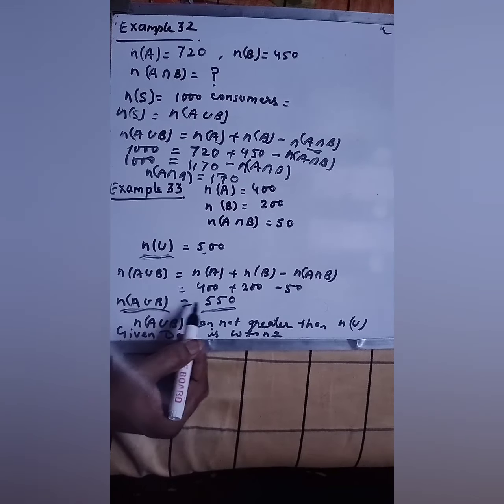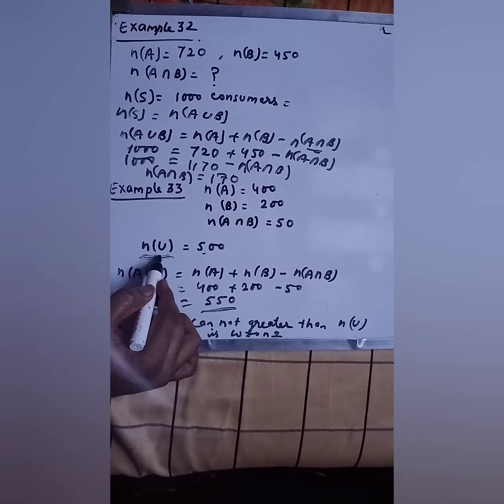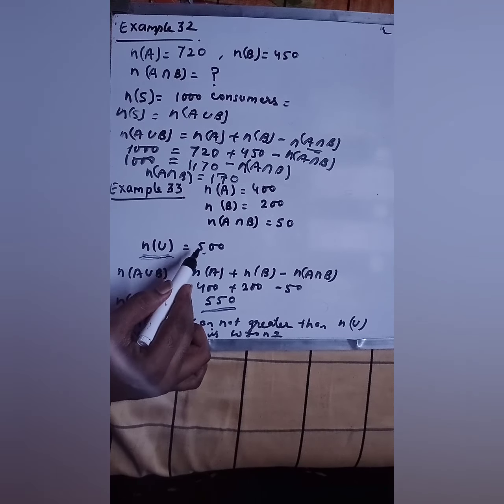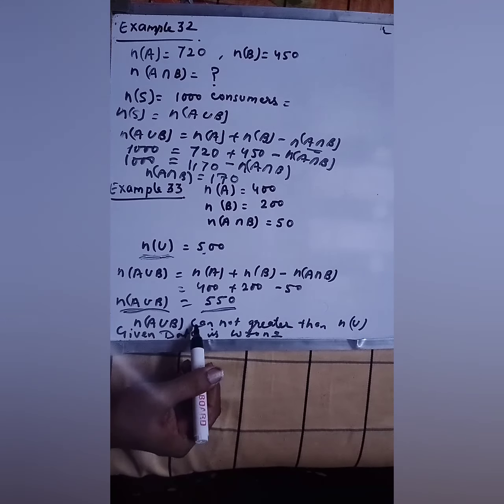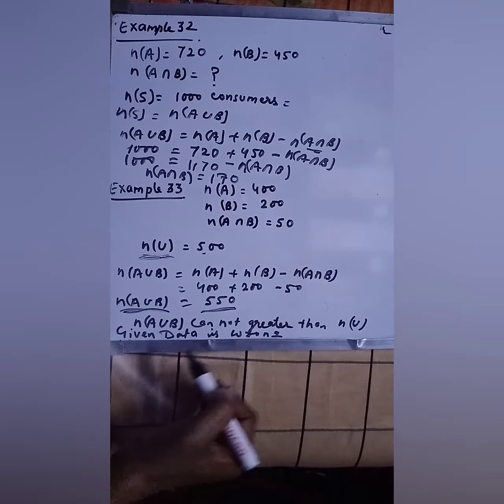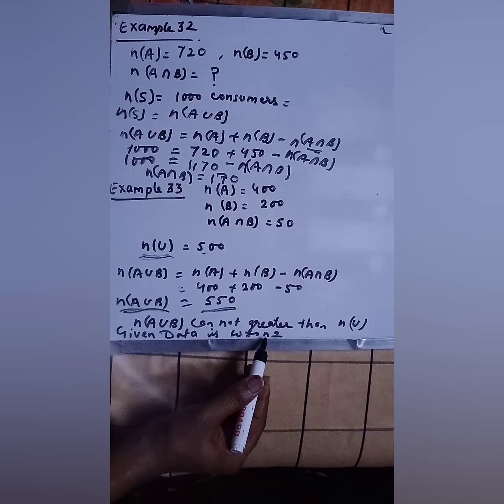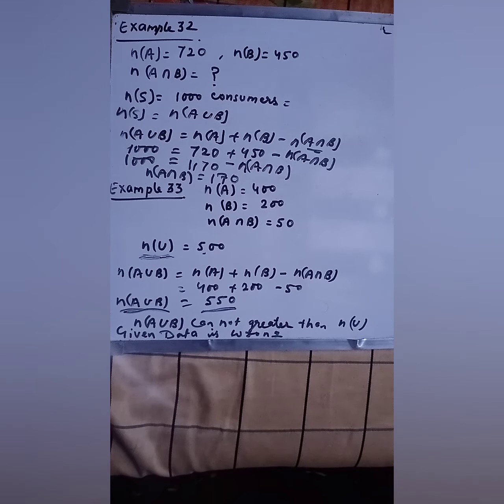Here the value of A union B is 550, and the universal set is given as 500. So this is not possible. So the given data is wrong. It is incorrect data. This is how we can check whether a given statement is correct or not.